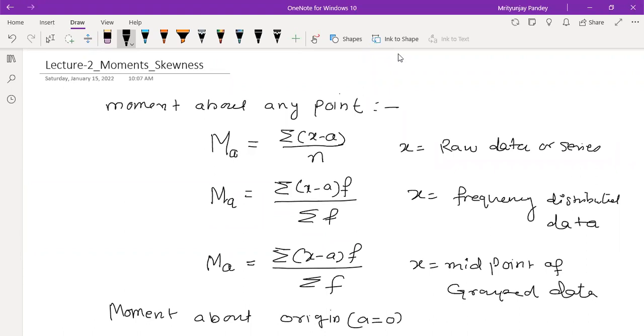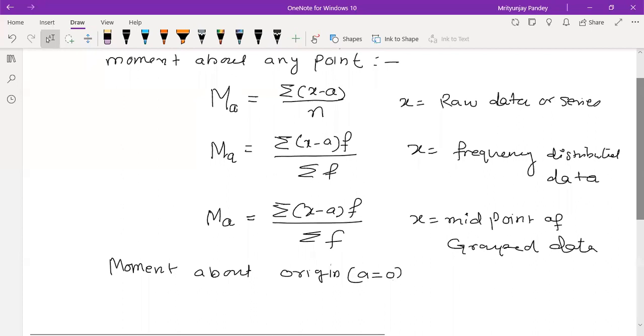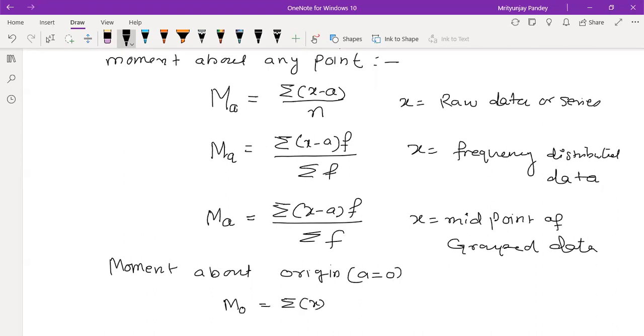So when we substitute A equal to 0 in the above formula, we get the moment about 0, m0. Formula is summation of x divided by n. So this is the moment.